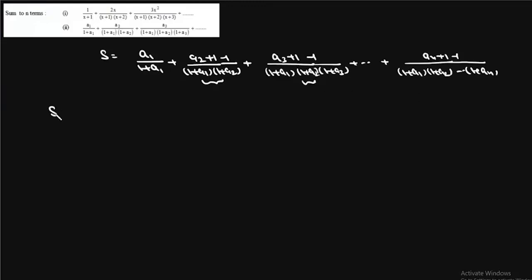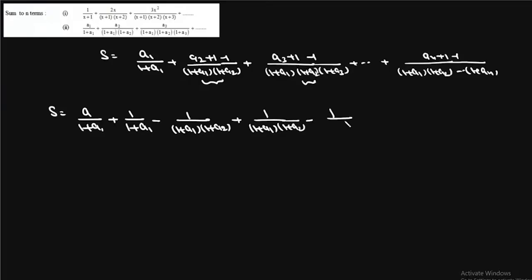So we can write this sum as a1 upon 1 plus a1. Now here a2 plus 1 will cancel, so it'll be 1 upon 1 plus a1, and then minus 1 upon 1 plus a1 into 1 plus a2. In the same way, a3 plus 1 will cancel, so it'll be 1 upon 1 plus a1, 1 plus a2, and then minus 1 upon 1 plus a1, 1 plus a2, and 1 plus a3.